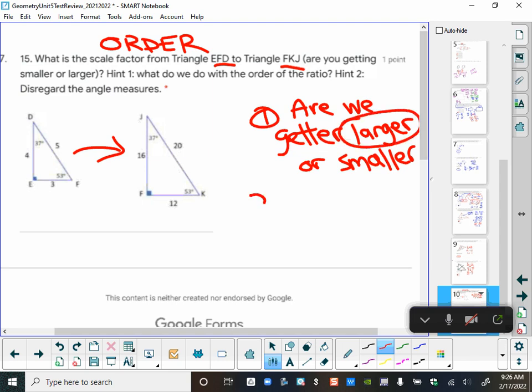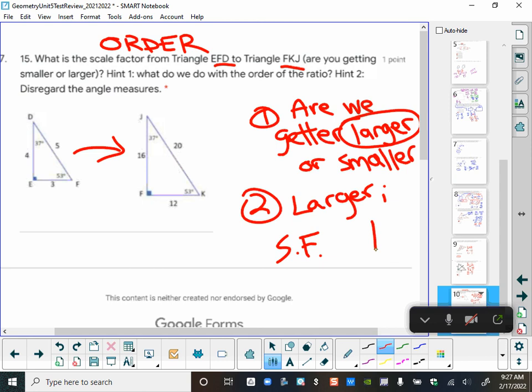Now, getting larger, is our scale factor going to be bigger or smaller than 1? If we're going from smaller to larger, it's going to get bigger, yeah.